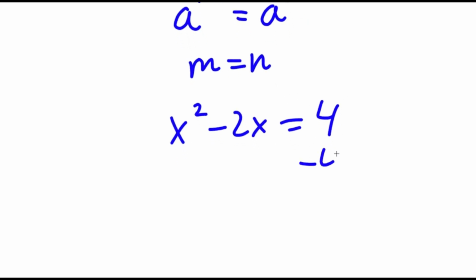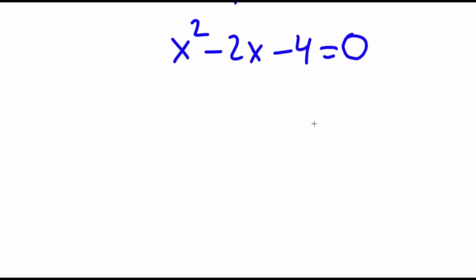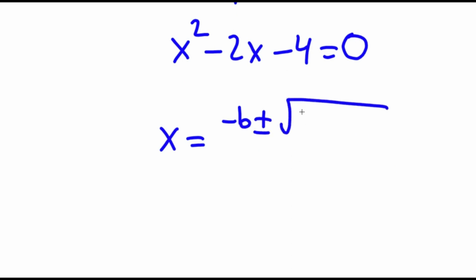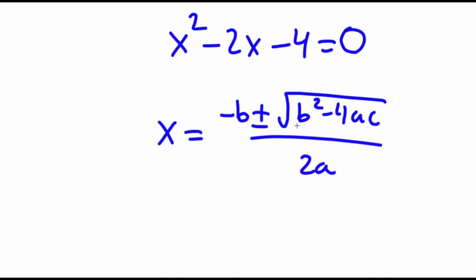And to solve this, I'm going to subtract 4 on both sides. So these two cancel out. Now I have x squared minus 2x minus 4 is equal to 0. Now to solve this, I'm going to use the quadratic formula, which is negative b plus or minus the square root of b squared minus 4ac all over 2a.